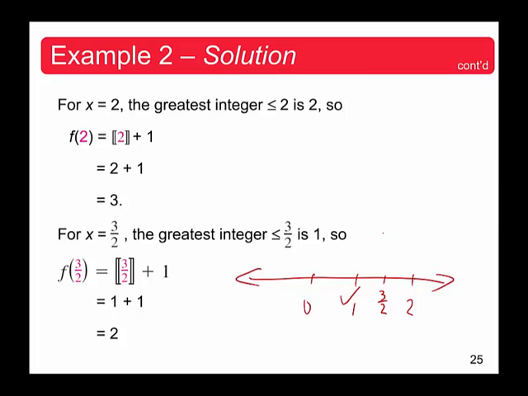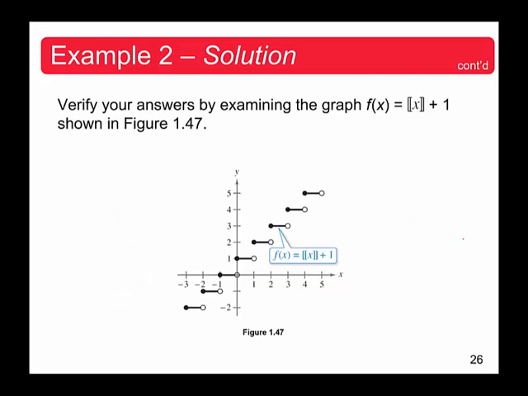It definitely helps a lot to help you understand, and then get to the proper result. And this is how you draw the greatest integer plus 1. So you're shifting all these pieces 1 unit upward. Since we're adding 1 in the back, everything should be 1 unit up from the parent function greatest integer of x.